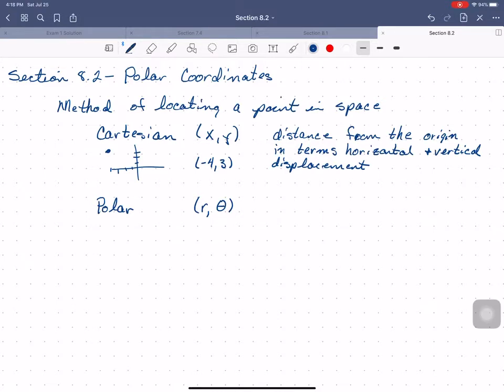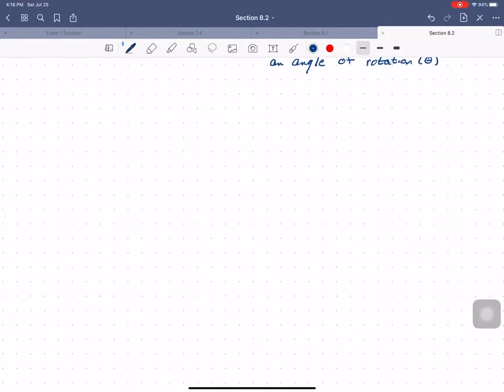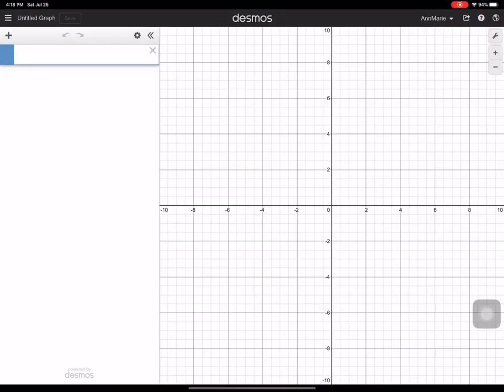So this is the distance from the origin, which is r, at a specified angle of rotation, which is theta. So let me show you a polar coordinate system.